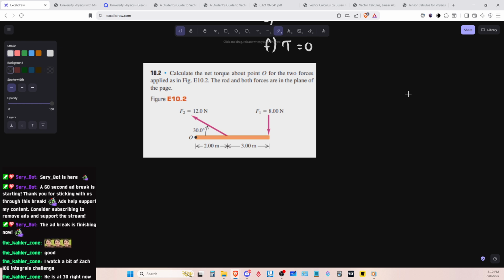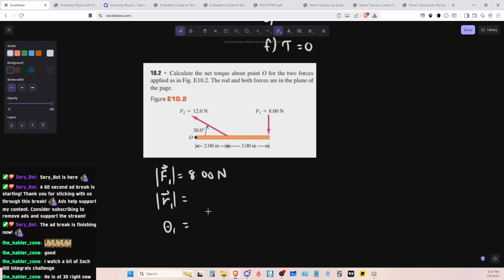Okay, so we have two forces. Okay, this is going to be a little bit more interesting. So force 1 is, and I think we'll just label distance 1 and distance 2. I think we'll put a theta 1 here.